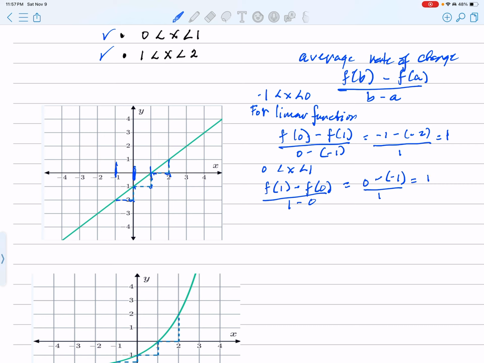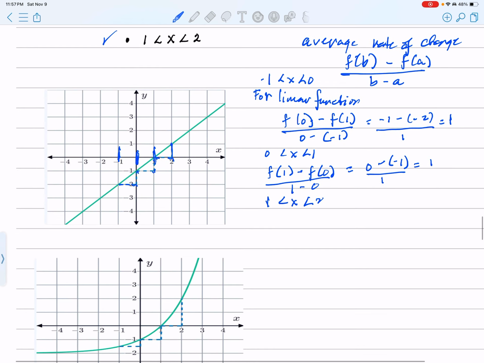For the interval of 1 to 2, from here 1 to 2, we have f of 2 minus f of 1 over 2 minus 1. Okay, 1 minus 0 over 1, the rate of change is 1.